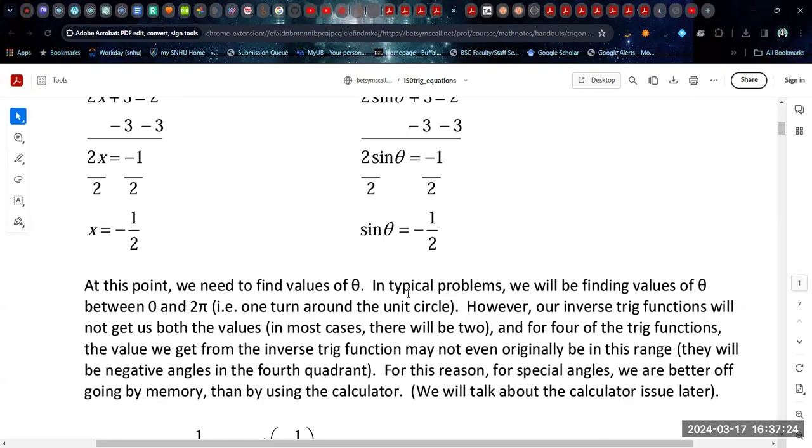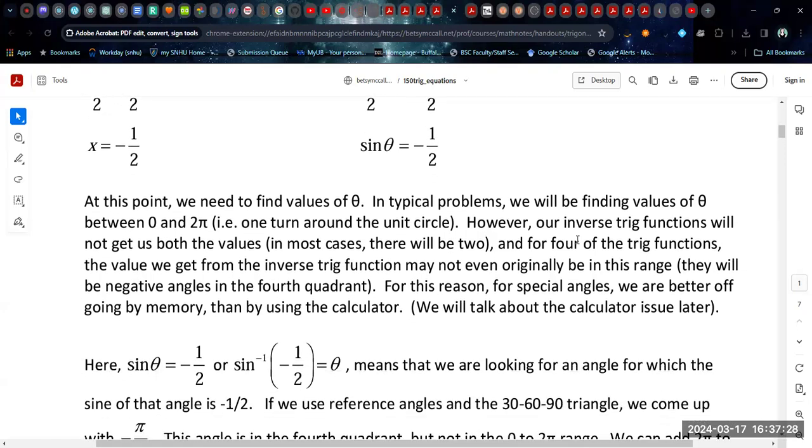So in this case, we think about our unit circle. If we use our inverse trig functions, we will not get all of the values. Typically, there are 2 values for most of these answers, and that'll only give us one of them. And so that's a start, but then we have to think about what other quadrant we can use this as a reference angle. What other quadrant would that angle be in?